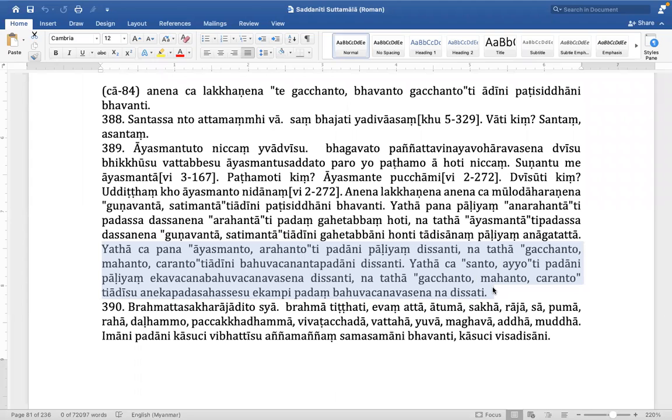And Yatha Japana Sando Ayo ti Badani. So Pāḷi Ekawajana Bhuwajana Desati, not the other Gichando Mhando Charando. Only these three present participles, Gichando Mhando Charando, can be found only in singular form in Pāḷi. So Sayadaw wants to say in this, that is the only three examples.